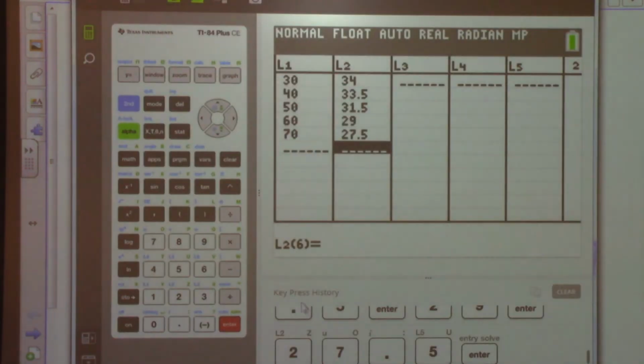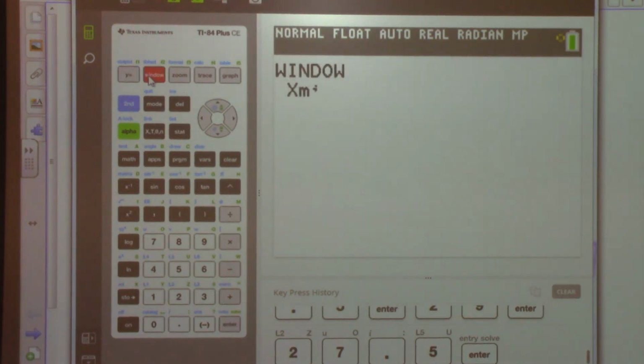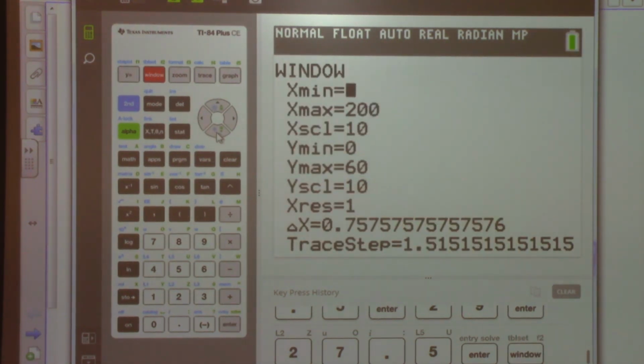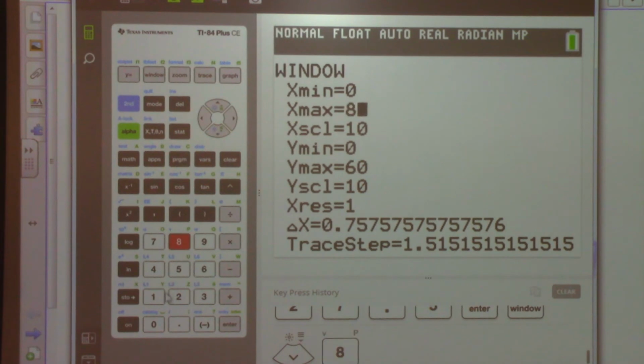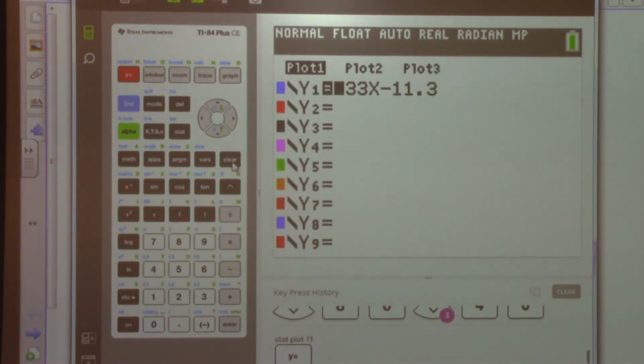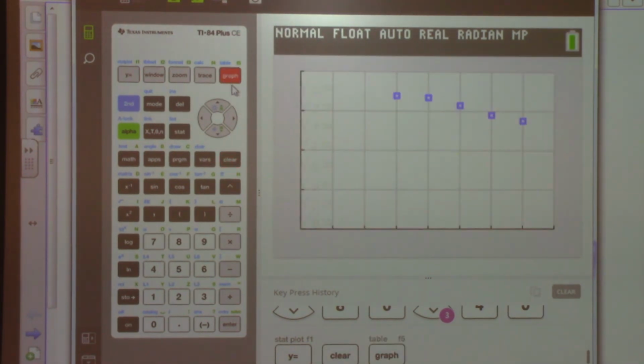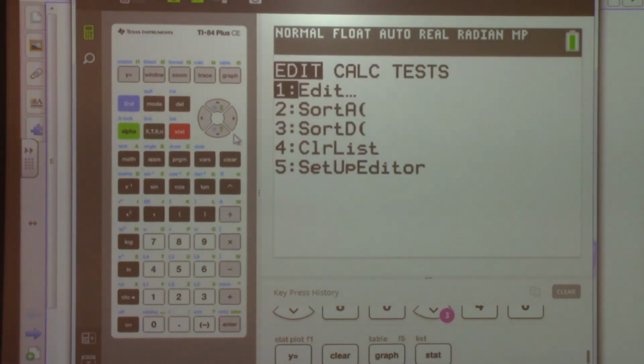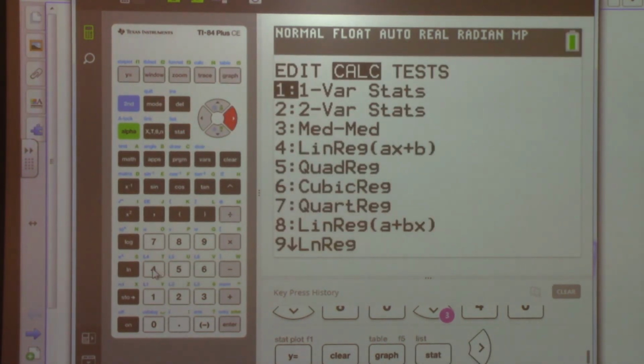So we go here, and in the window, 0 to 80 and 0 to 40, and then we have the plot turned on. We should get rid of this equation. So we should get something like that, right? And then stat calc 4, right?